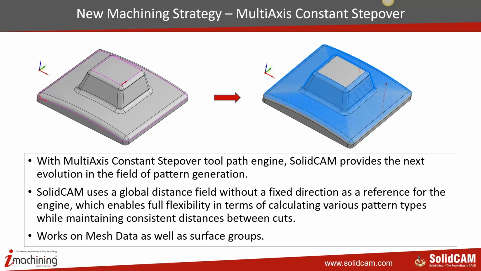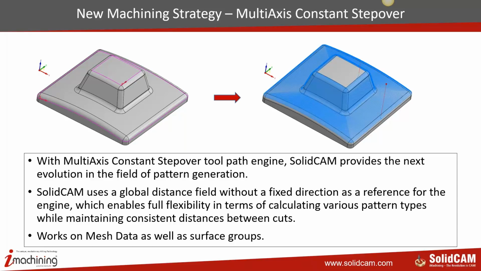Now, the best part about this particular function is that it doesn't just work on surfaces, but it also works on a mesh. That means you could provide an entire model to it and just provide a few curves, and it would create a toolpath with a constant Stepover between all the curves that you have provided.